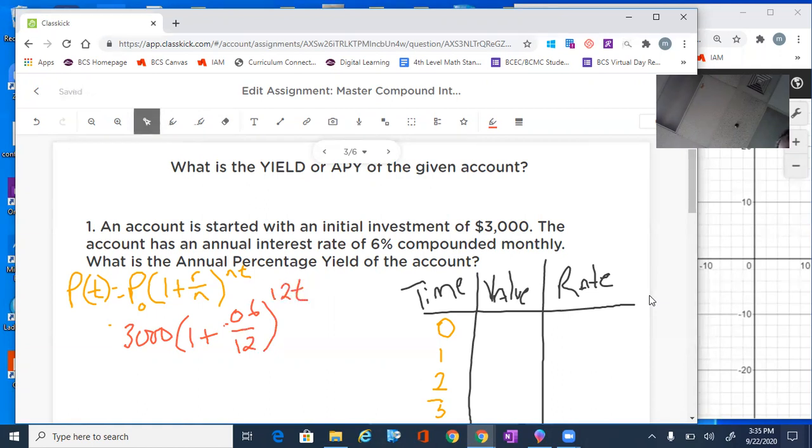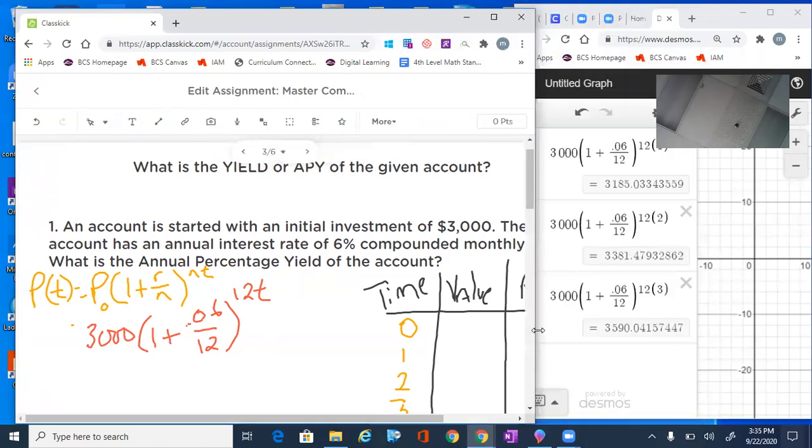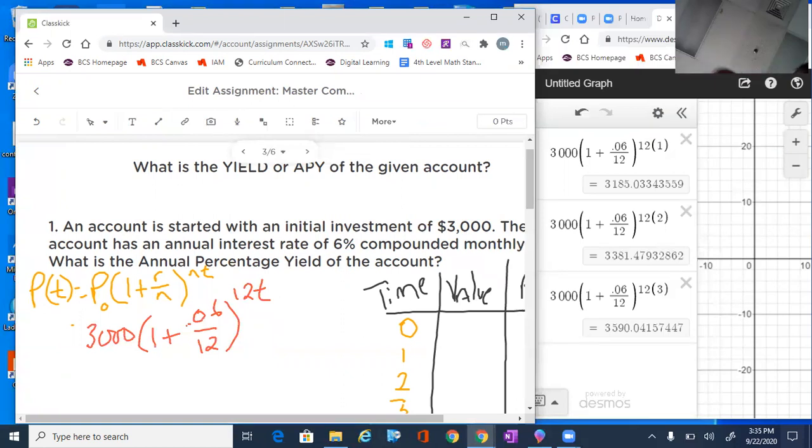Once I've got that information, I'm going to bring over this table, and I'm going to show some numbers that I've already got in here. If the account has 0 years of growth, we put $3,000, because that's what we originated with. However, after 1 year, we have $3,185.03.